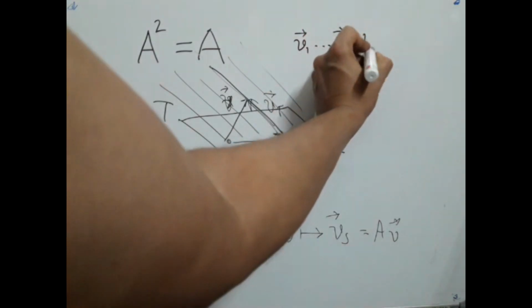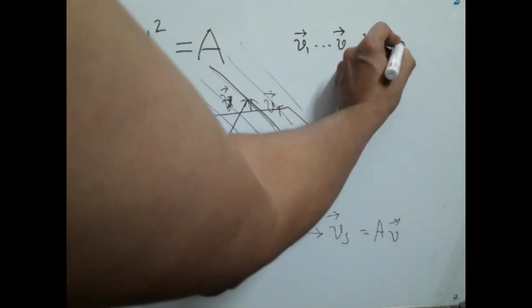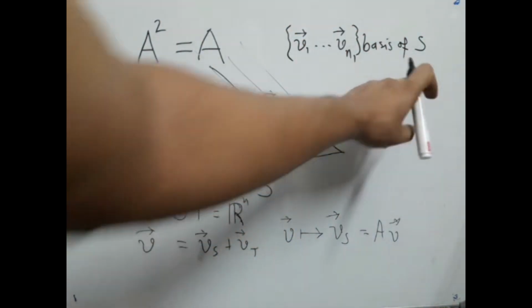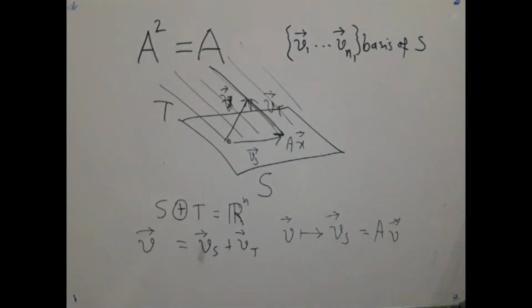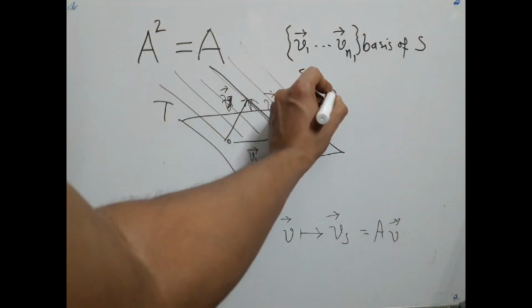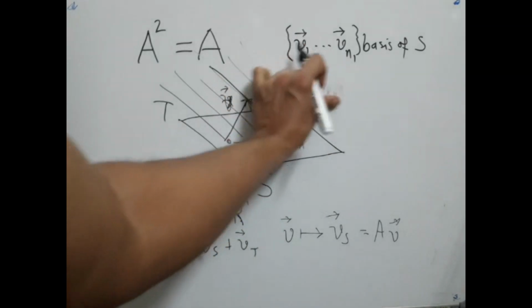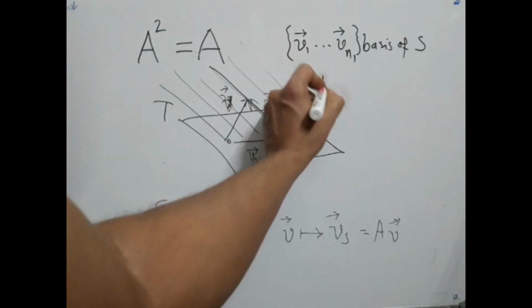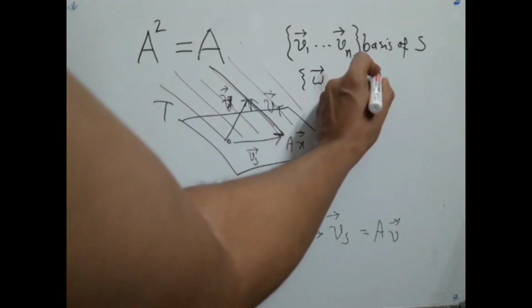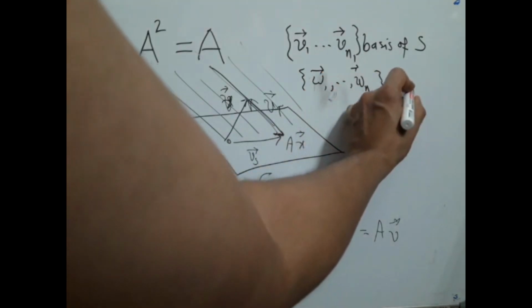That's a basis of S, the screen space. So I'm assuming that n1 is the dimension of S. Now you take any basis, I will call it w1 to wn2, that is a basis of T.